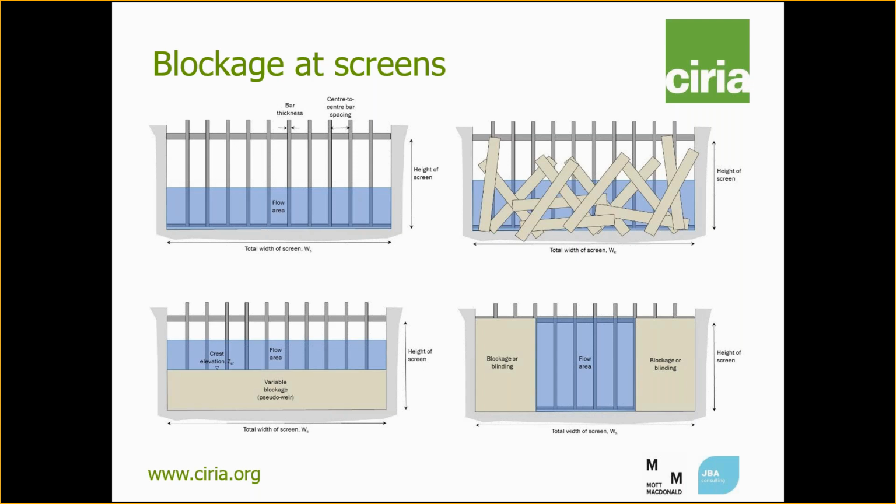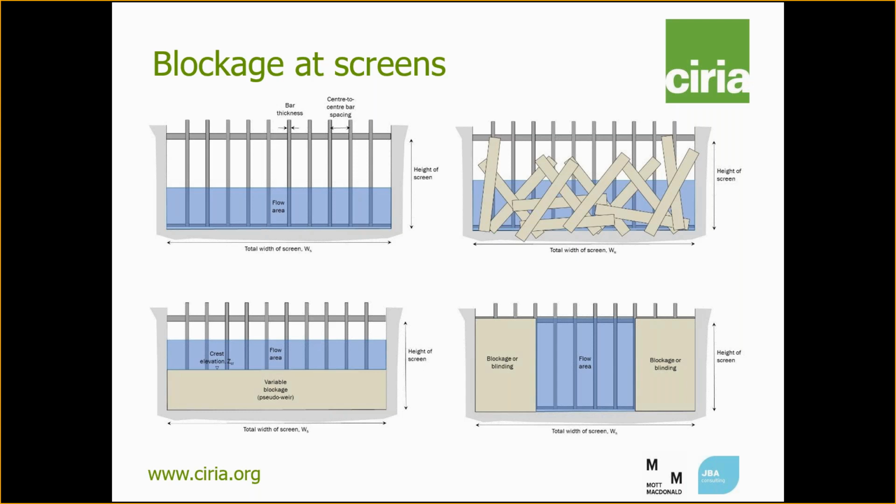Permeable blockage, which we've got illustrated top right, occurs when permeable debris accumulates across the full height of the screen. The blockage is likely to be random, as you can see, but it can be schematized by a solid blockage over the full height of the screen, but part of the width, as we've got bottom right.